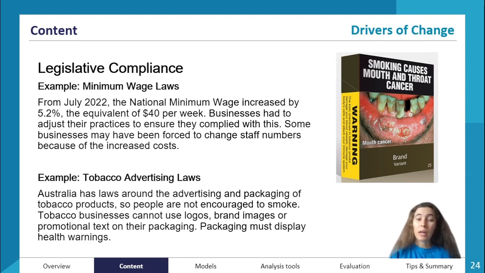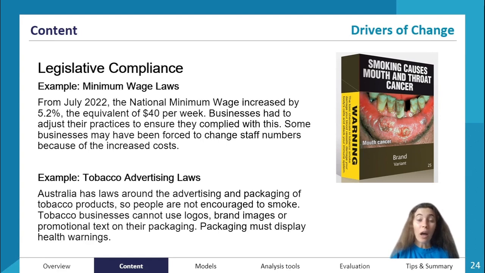Another example is minimum wage laws. This one's a little bit different in that it can change all the time. Each time we have federal budgets or different changes like that, changes in the economy, we often see little alterations to minimum wage laws to try and stay up with what's happening in the financial world.